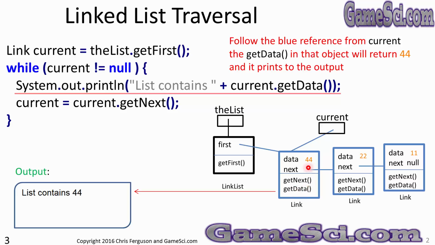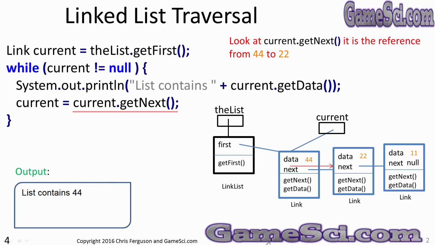Get data in that object will return the 44 within that same object, and it'll print it to the output, and a 44 shows up here on our output. Now I drew a line from this object to where the 44 showed up in order to show you that get data would be sending back that 44, and it's that 44 that shows up on the screen.